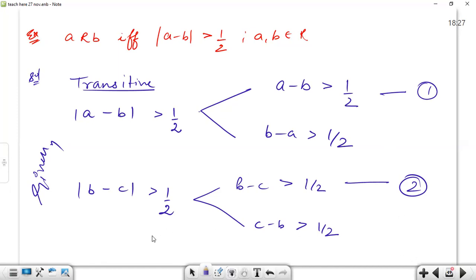In this scenario, if we add up 1 and 2, a minus b plus b minus c, half plus half becomes 1. This cancels this, and it can be written as a minus c is greater than 1. If something is greater than 1, it is of course greater than half. True?